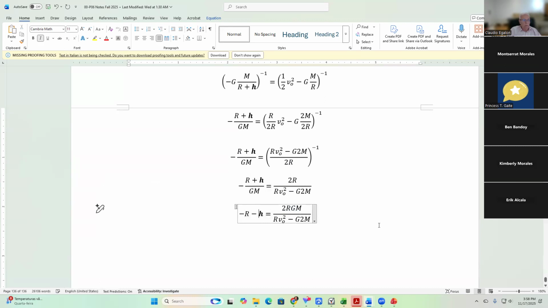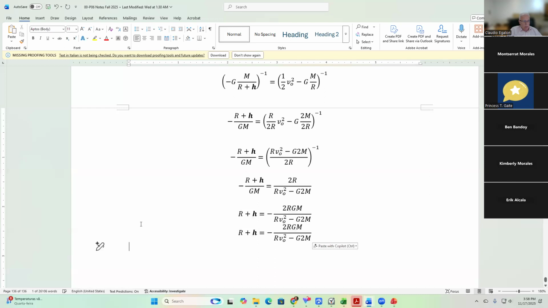Negative and negative. We can do the following. Instead of putting a negative here, I'm going to keep this one positive, and I transfer this minus sign to the other side. When I transfer this minus sign to the other side, whatever is downstairs here changes sign as well.